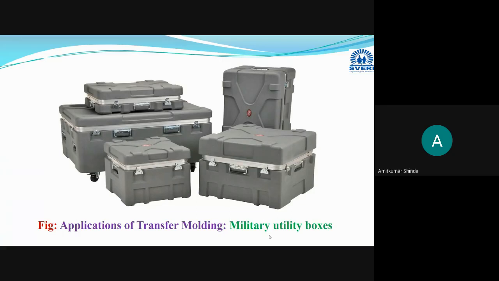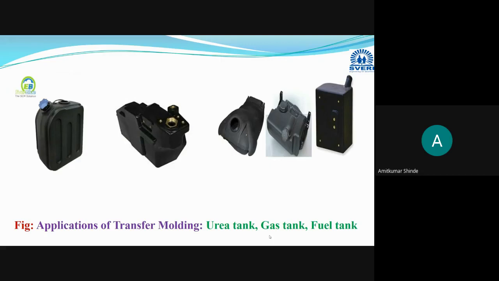Then urea tank, whichever tanks are there, these are manufactured with the help of thermosetting materials only. This is the urea tank, gas tanks. Then nowadays these fuel tanks for two wheelers. The fuel tanks can be manufactured with the help of this transfer molding process only.